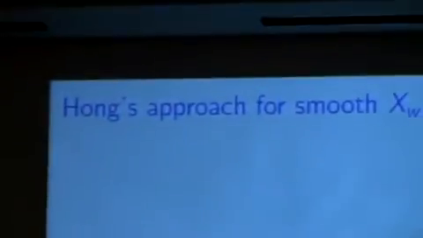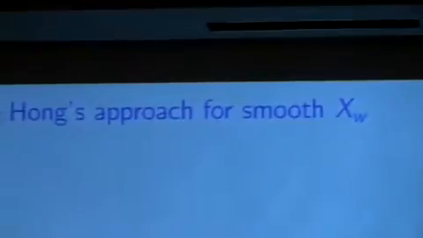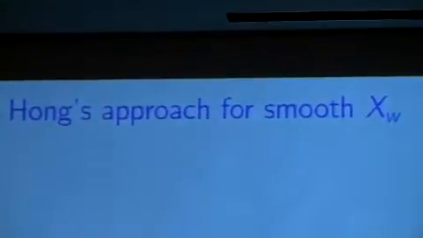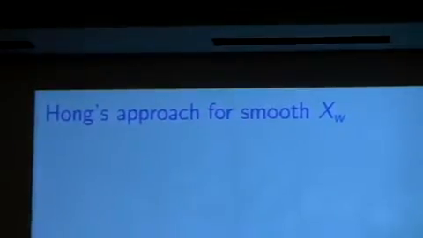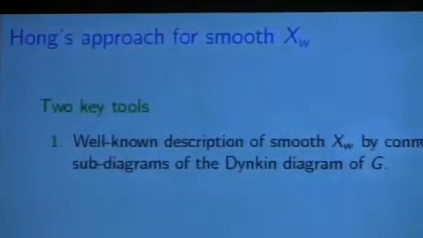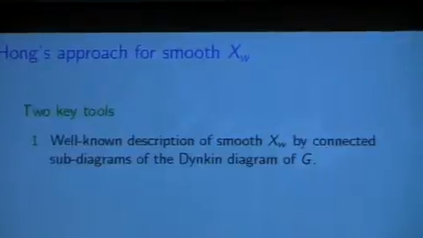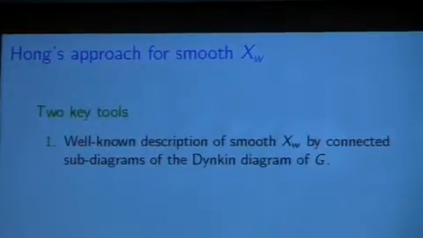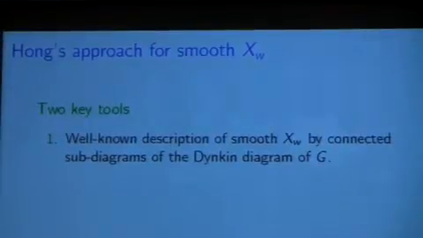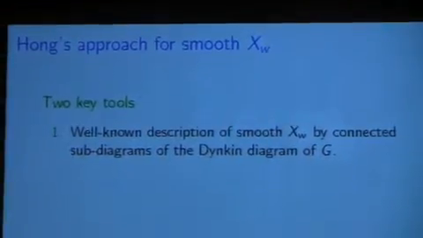Okay, I'm going to describe a little bit more of Hong's approach for the smooth Schubert varieties because I wish to talk about the obstructions that arise in the singular case and how Dennis and I got around those. So there are two key tools that go into her proof, and the first is a beautiful, well-known description of the smooth Schubert varieties by connected subdiagrams of the Dynkin diagram.